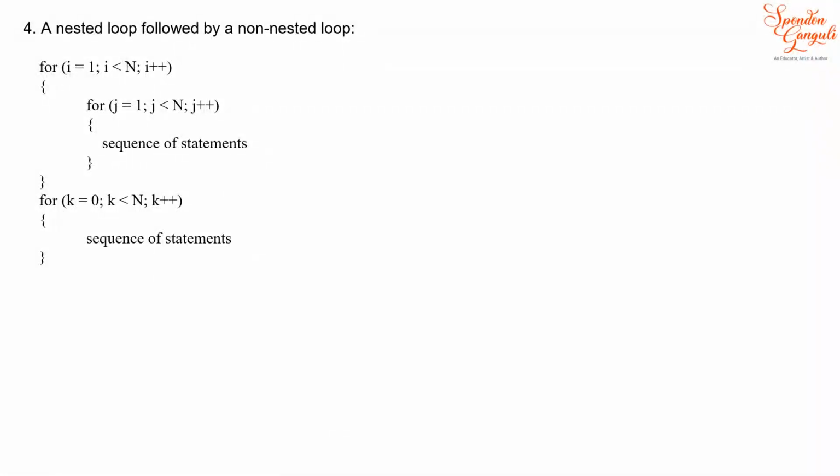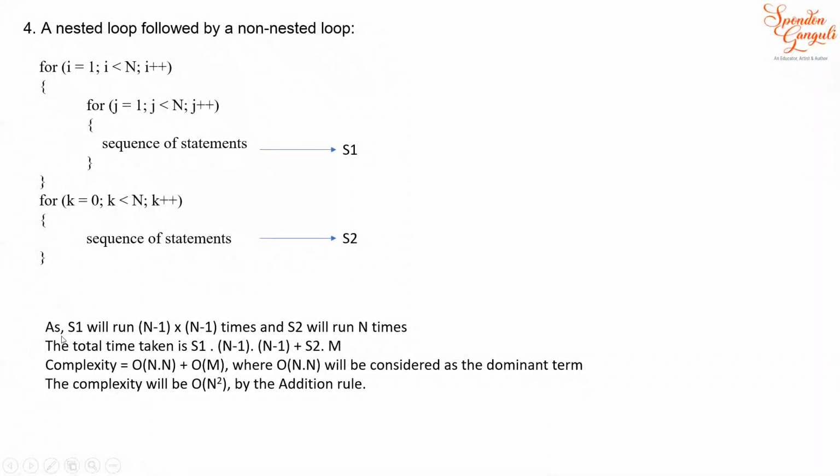In a nested loop, let us see what happens. So we have one nested loop where statement S1 is running, followed by a single loop that runs S2. So S1 will run n minus 1 time into n minus 1 time, whereas S2 will run n times here.